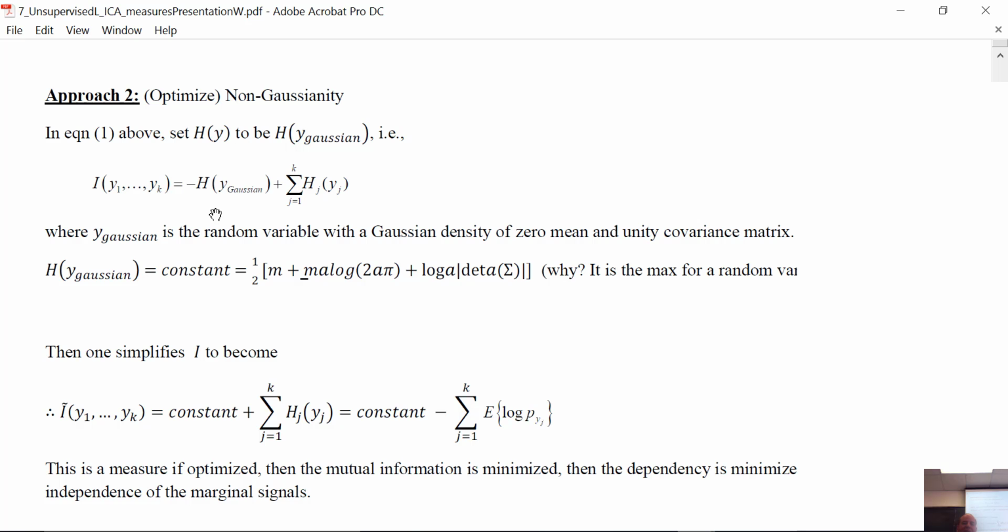So in other words, this term here that used to come from the actual joint entropy of the signal, we're going to replace with an expression which is the entropy of a Gaussian process. And therefore it becomes constant. And then we're only going to optimize based on the other stuff.